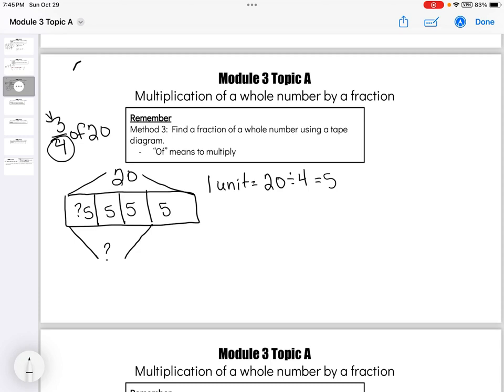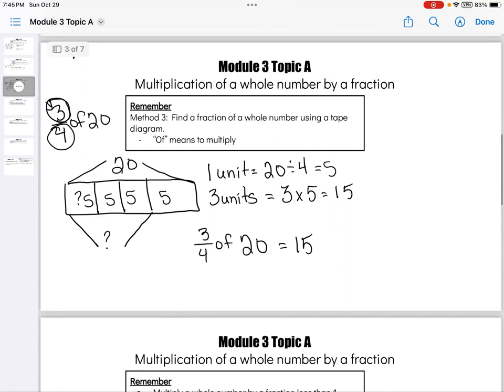In order to find the value of 3 of those units, I would say 3 units is equal to 3 times 5, which is equal to 15. So 3/4 of 20 is equal to 15. And that's how we use the tape diagrams.